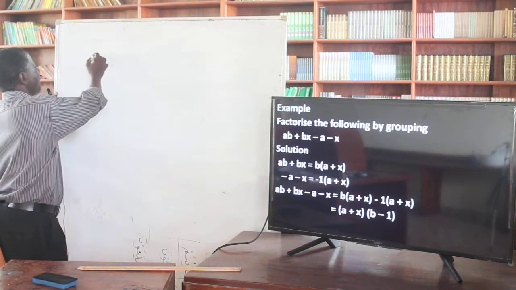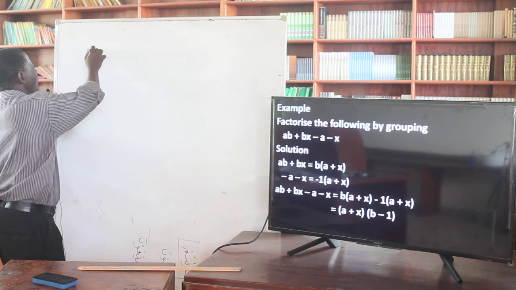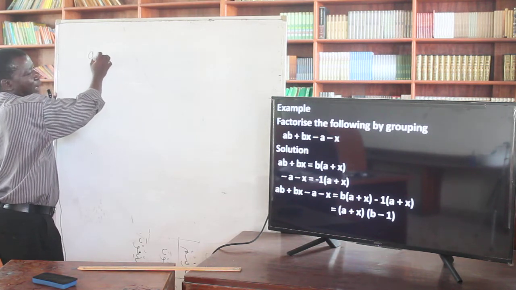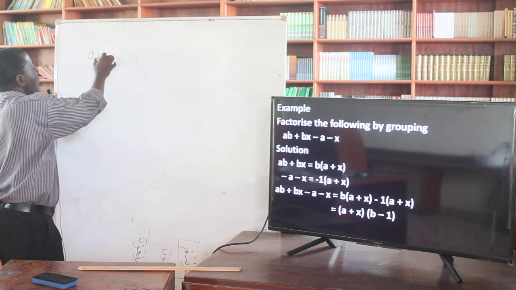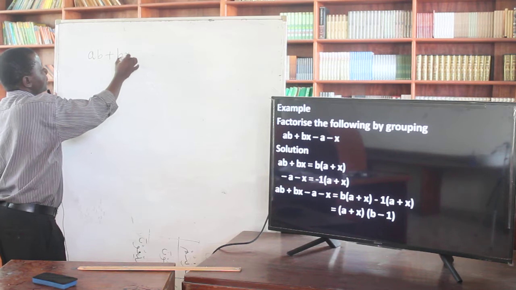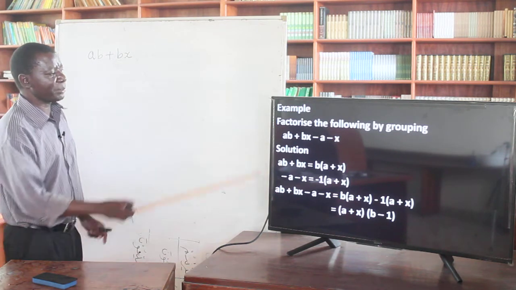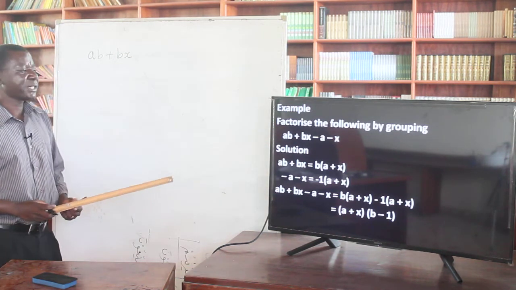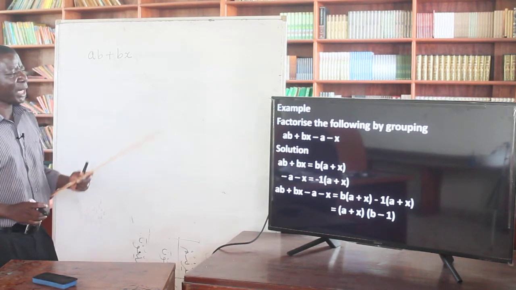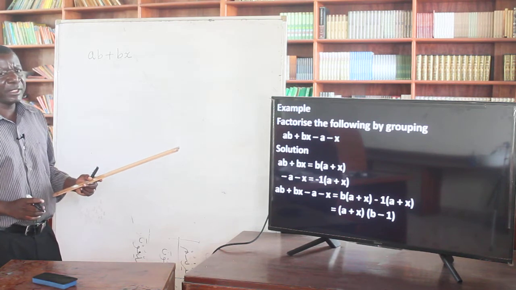The first two terms, ab plus bx, they have a common term, and the common term there is b.